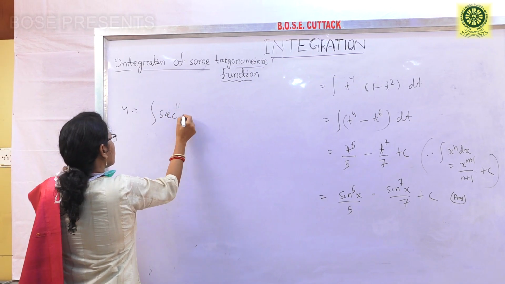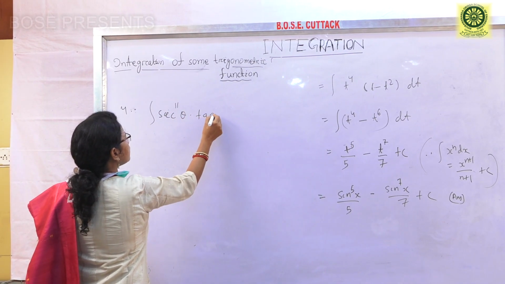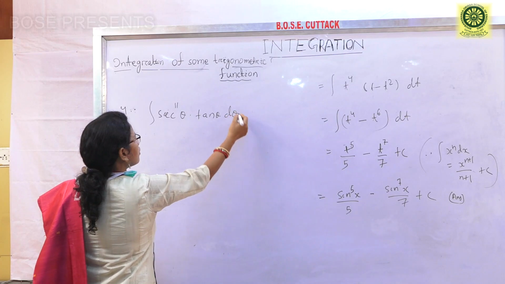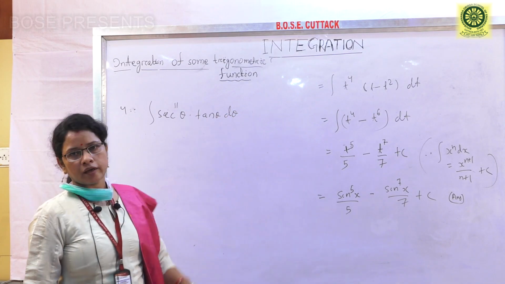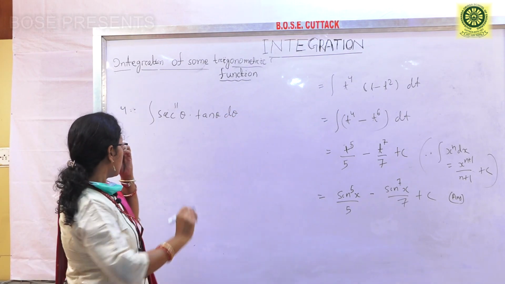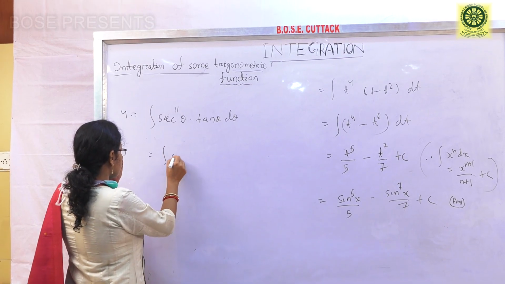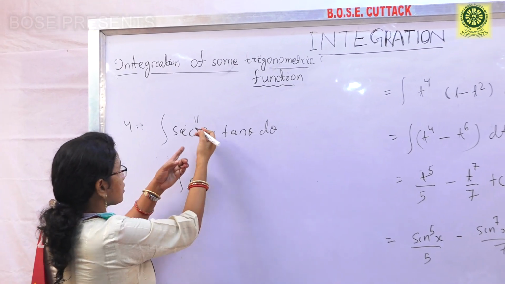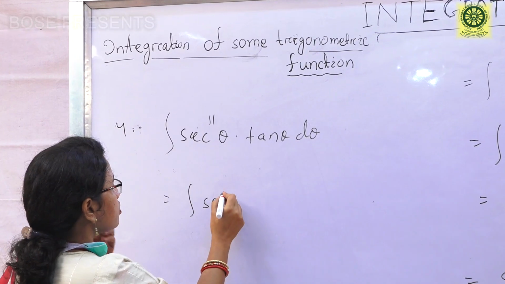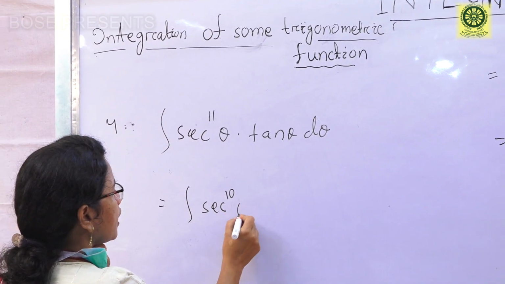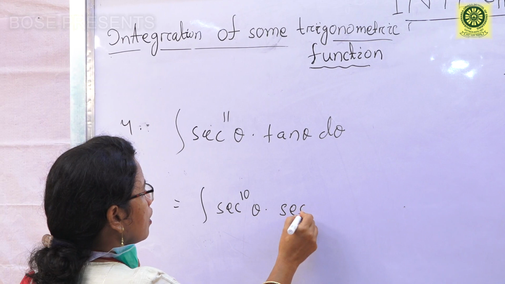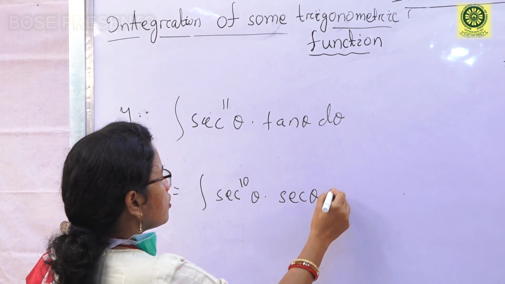Sec to the power 11 theta into tan theta. We have to integrate this with respect to theta. So here just take out one sec theta from this. So your sec to the power 11 becomes sec to the power 10 theta into sec theta and into tan theta.